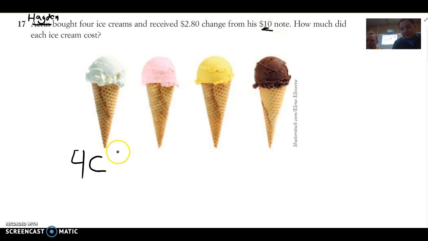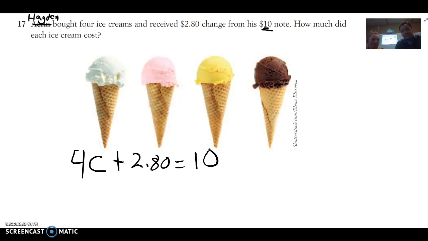So if I do 4 times the cost of the ice cream plus $2.80, what should that equal? 10. Good. There we go, class. That's what I wanted, an equation that we can solve in order to get the answer that we're after.